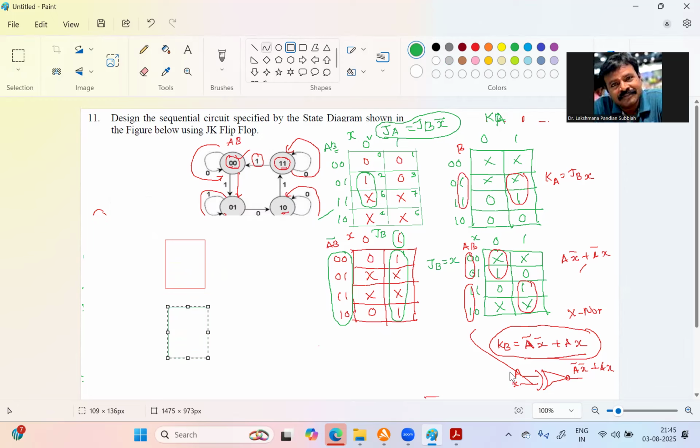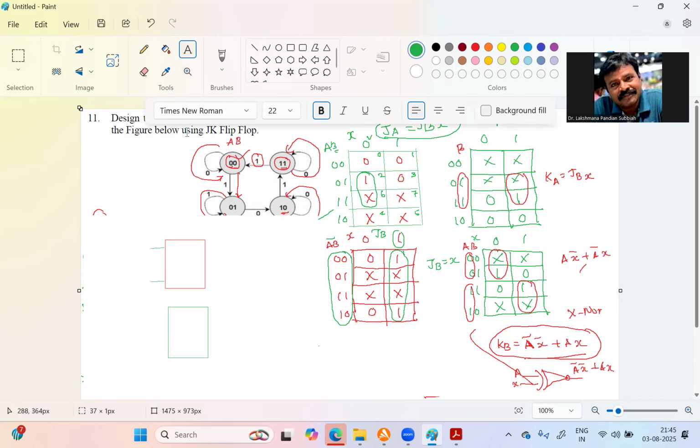JK, right? So here we are having one input. This is JA. So this is A flip flop. This is A flip flop.